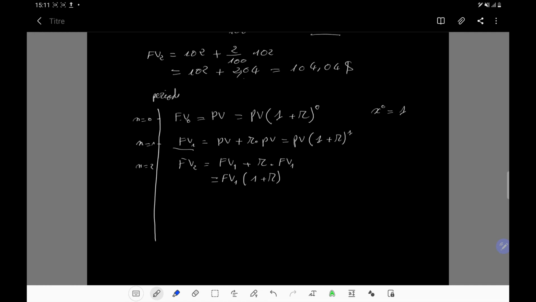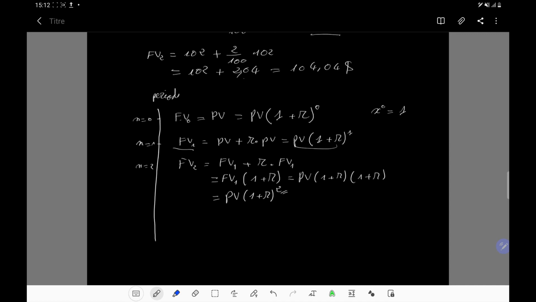So we want it in function of present value. It's equals present value times 1 plus r times 1 plus r equals present value times 1 plus r squared.